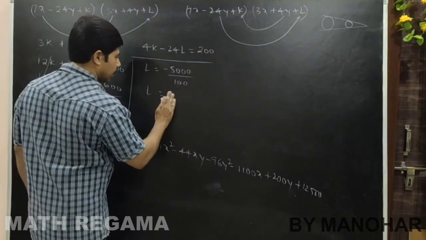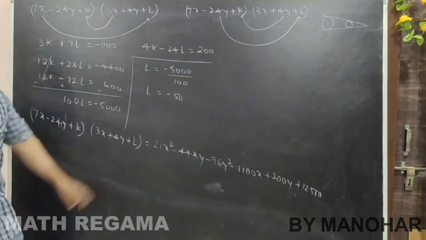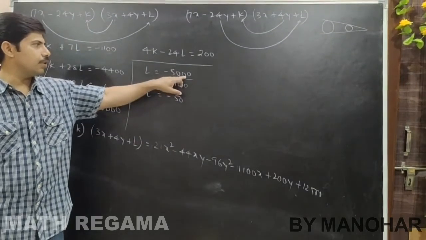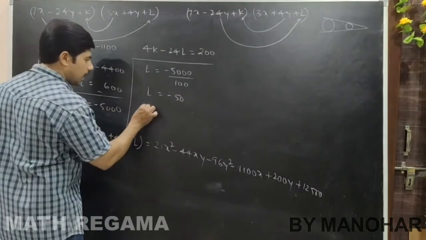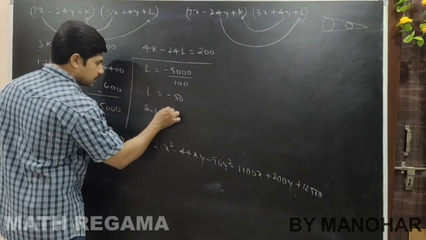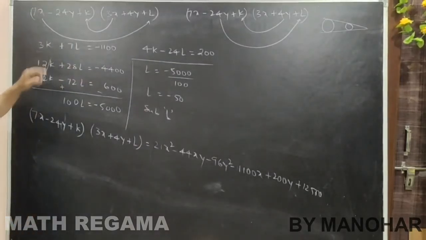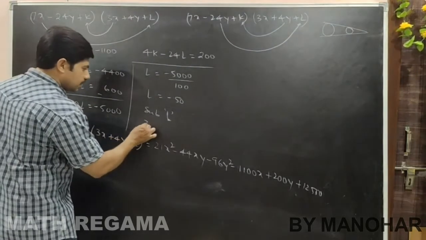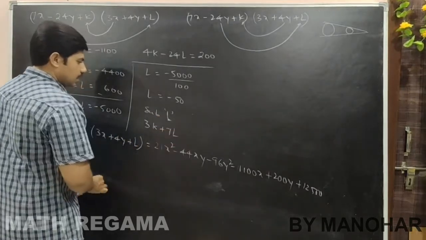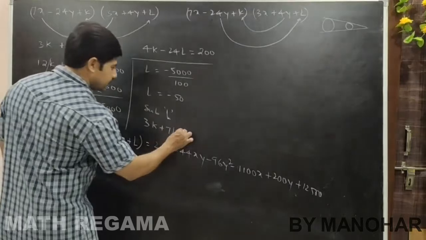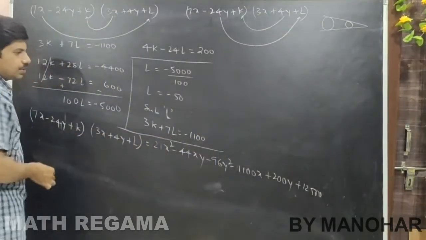It is minus 50. Two zeros you cancel in the denominator and numerator, so L is minus 50. Now I'll substitute this L in which equation? I'll substitute in this one. What is this equation? It is 3k plus 7L is equal to minus 1100.